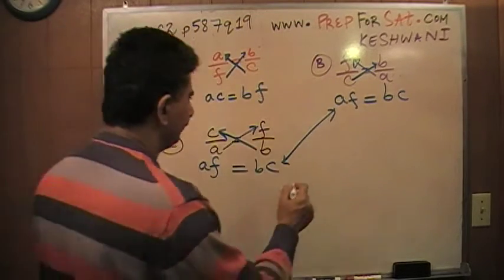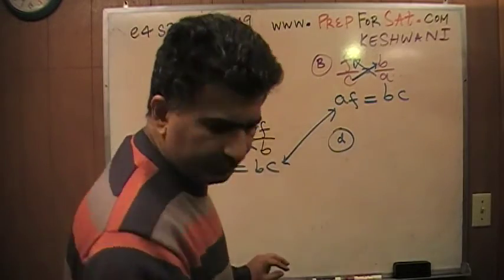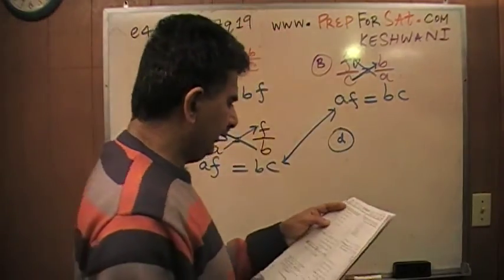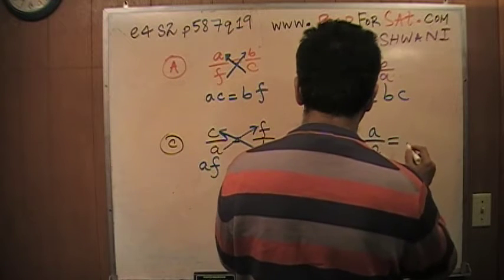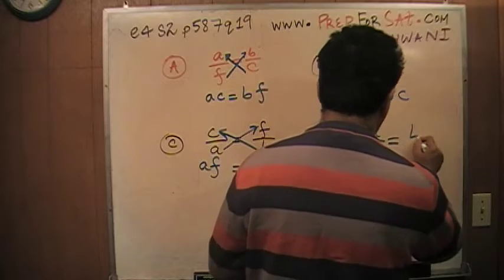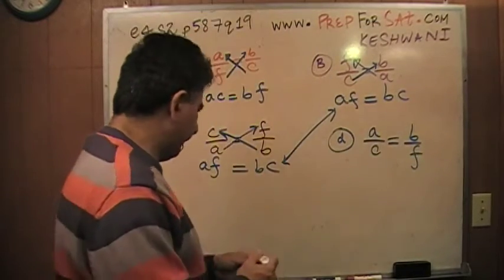Let's keep going. Let's do D. D says A over C equals B over F. Well, let's see what happens.